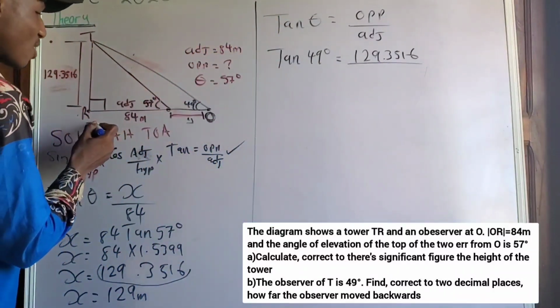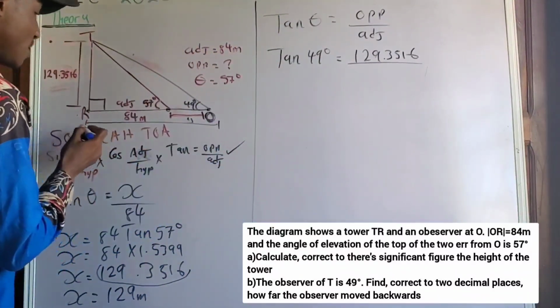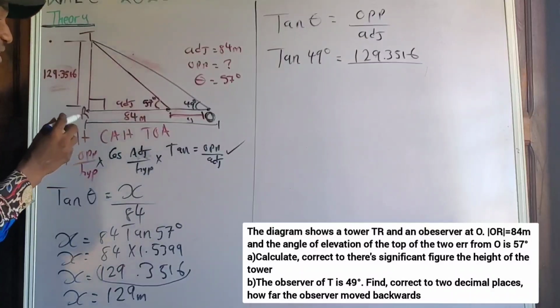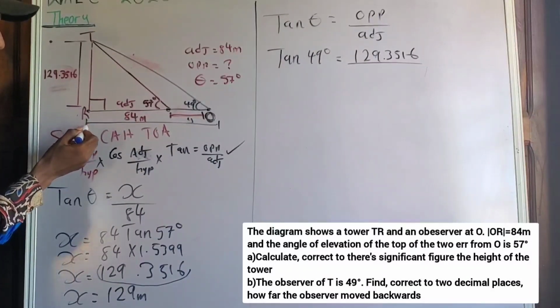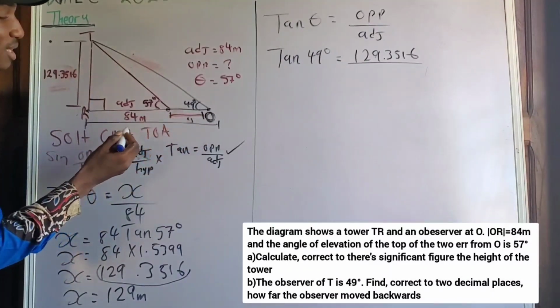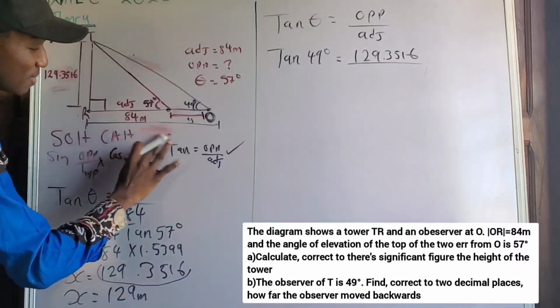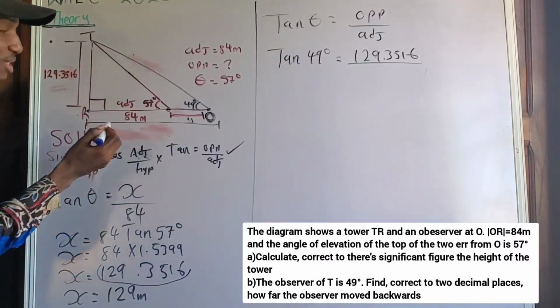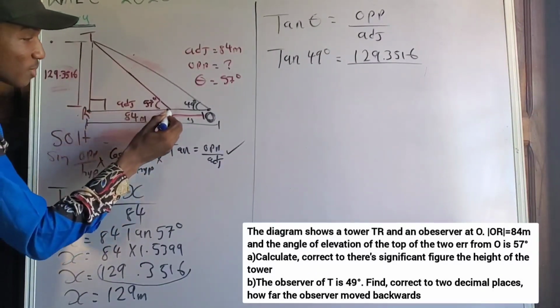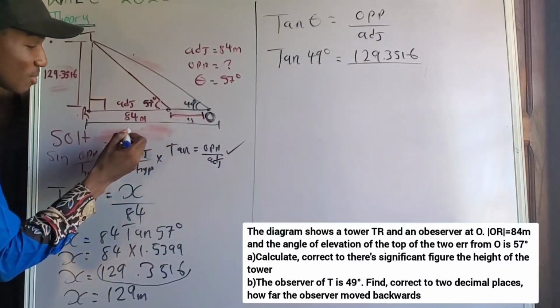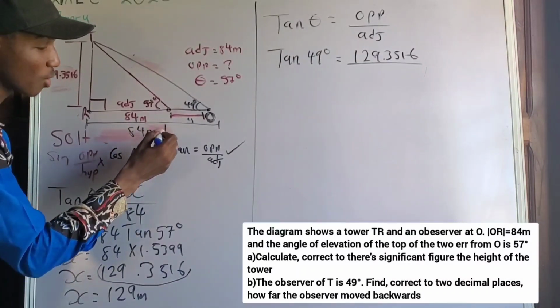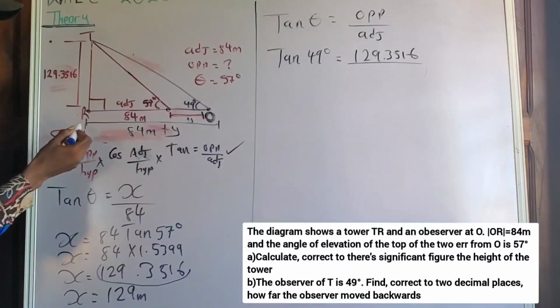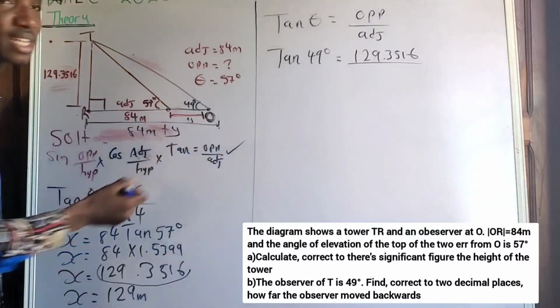The adjacent now is this. Please pay attention. Listen. The distance from this point to this point is 84 meters. So I'm going to have 84 meters plus y. The total length from this point to this point is now the adjacent.